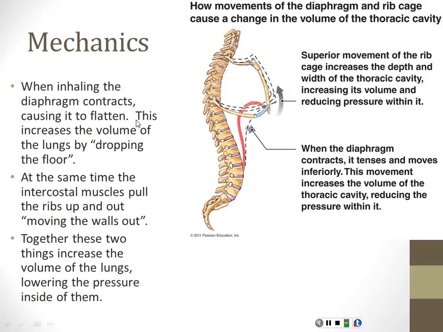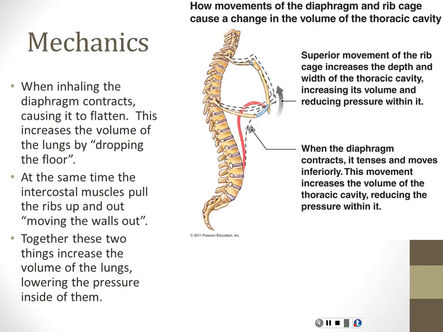So we have two factors that change the size of the lungs. One is the ribs move, like you see here. The other is the diaphragm changes shape. You remember the diaphragm sits at the bottom of the thorax, right? So maybe I'll draw a bad person again.